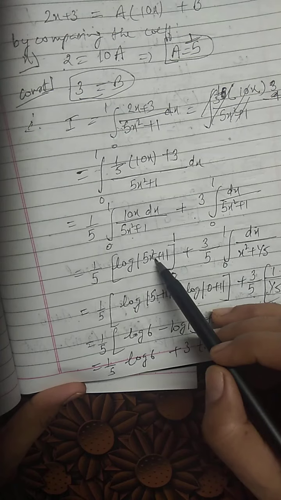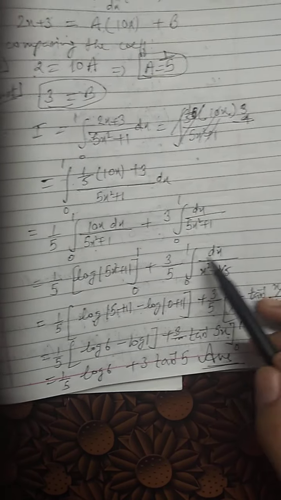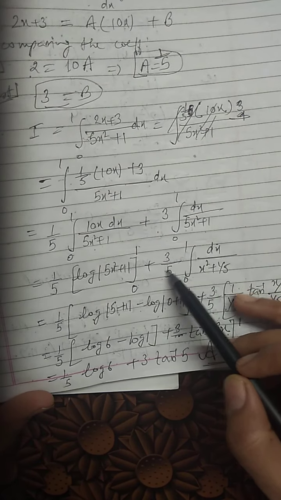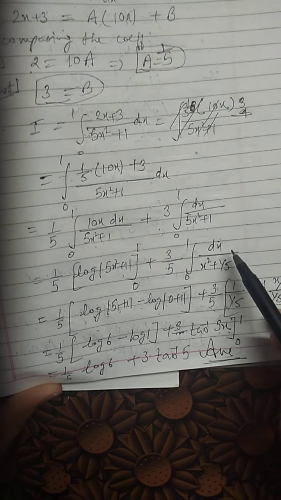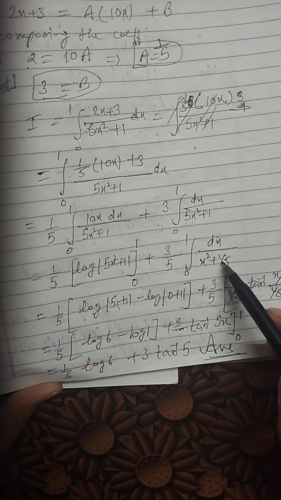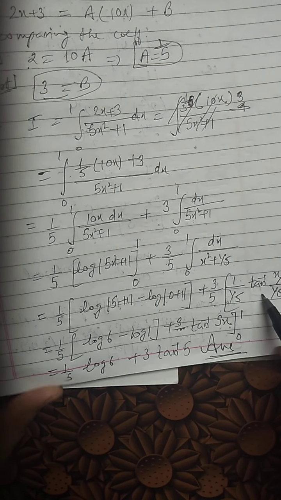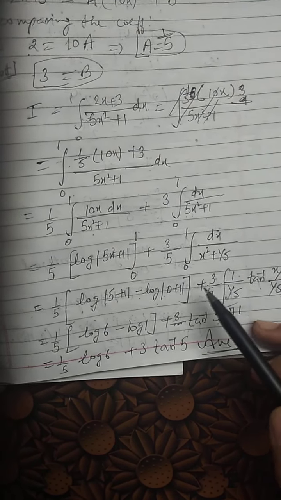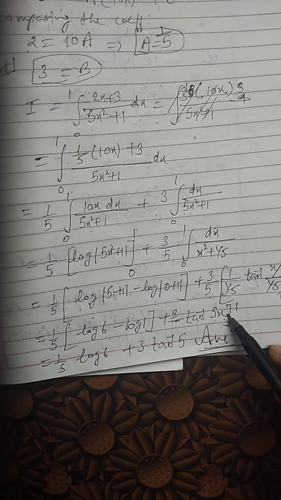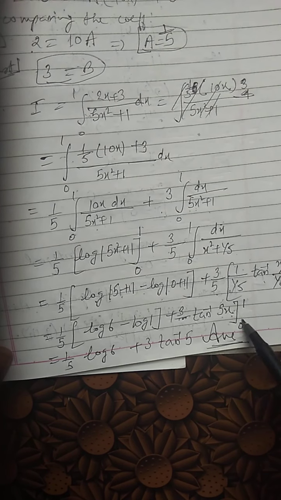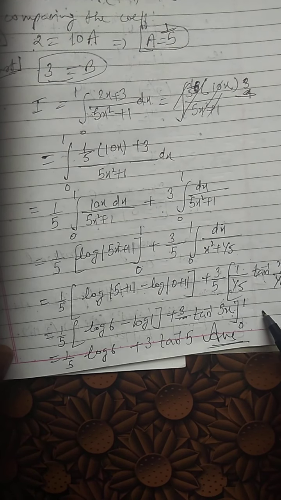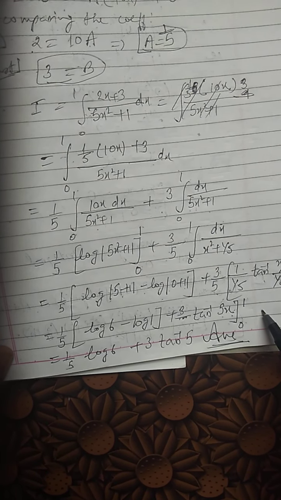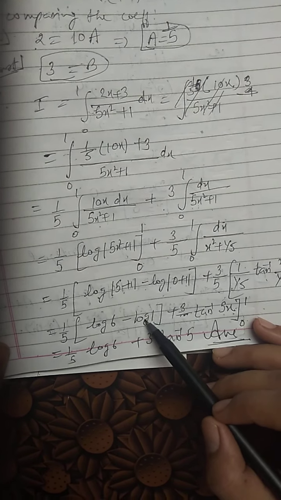It will be log of function, the limits 0 to 1. And this 5, if I bring it outside, it will be dx upon x² + 1 by 5. So the formula will be dx upon x² + a², which is 1 by a tan inverse x by a. So we are getting 3 times tan inverse 5x. When we apply the limit here, it will be 3 times (tan inverse 5 minus tan inverse 0). Tan inverse 0 will be 0. And log 1 is 0.